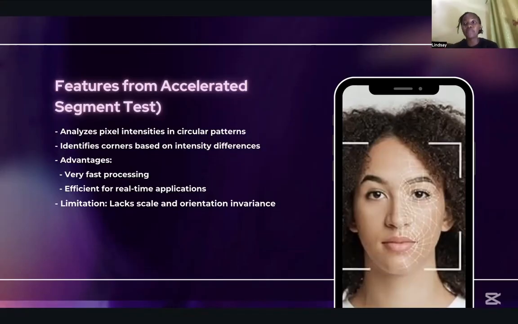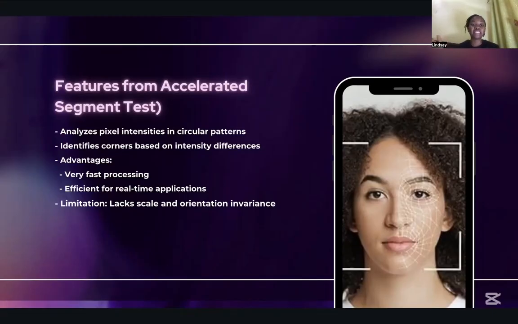If many circular patterns are found around a particular area, then the algorithm will detect that this is a significant key point and mark it as a key point. As you can see in this image, the central pixel is marked as a corner.